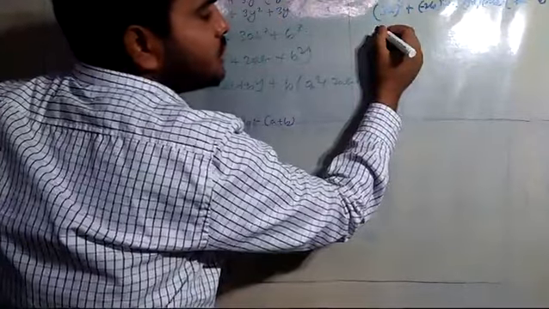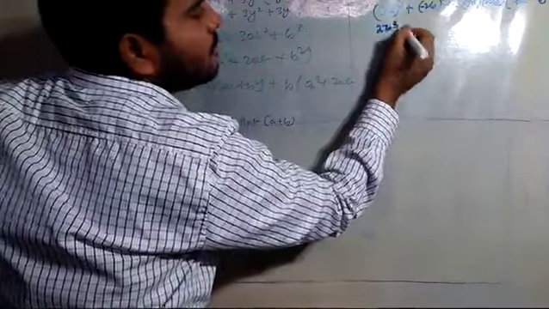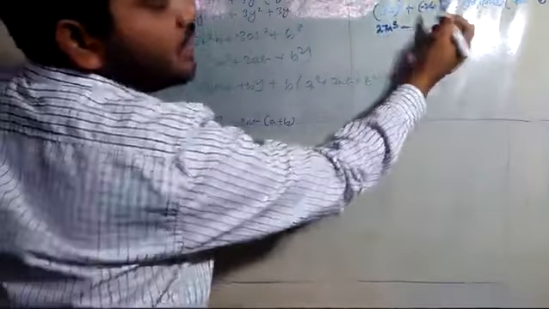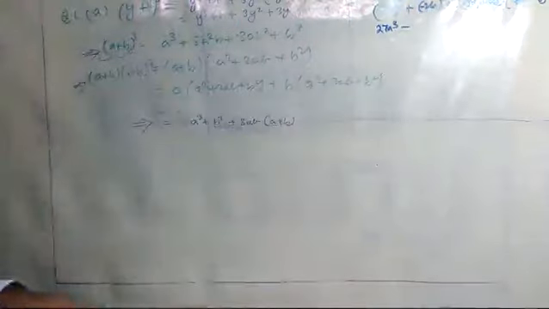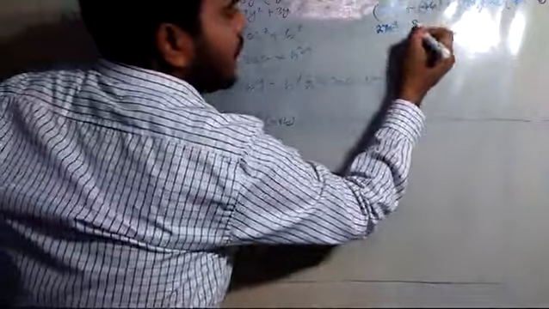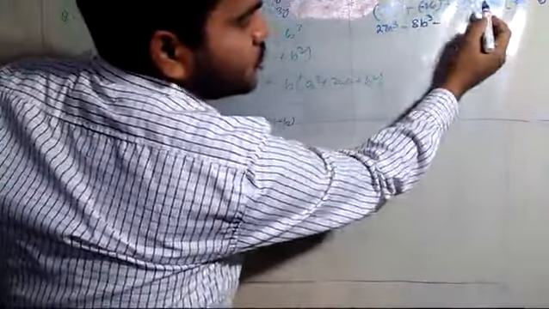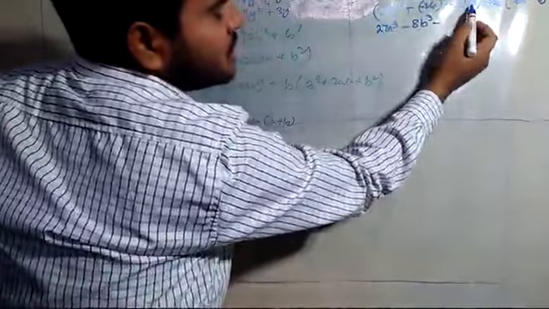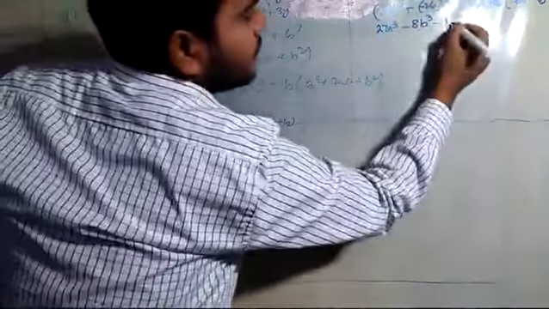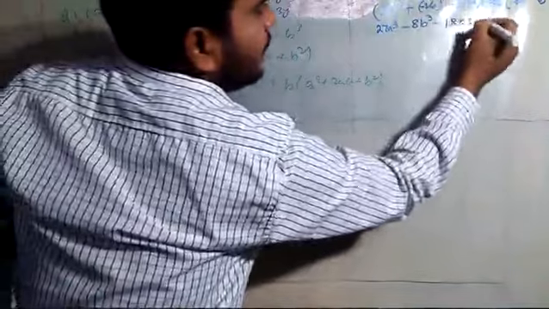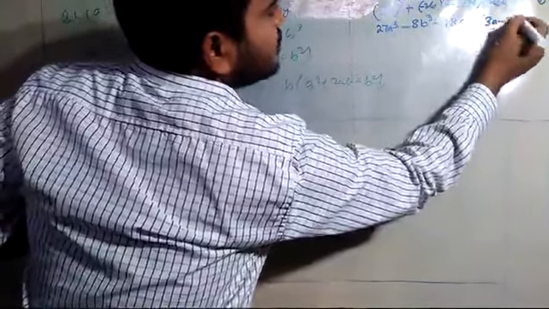3 3s are 9, 3s are 27 a cube minus, because minus 2 raised power 3 will be negative number, that will be minus 8. So minus 8b cube minus, why? Minus 2 into 3 will be plus minus 6 into 3 minus 18 ab, and here 3a minus of 2b.